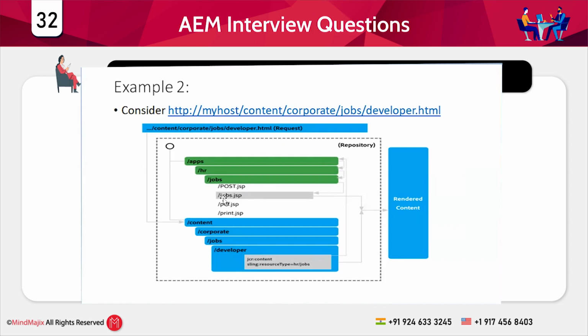And suppose you want it separately for pdf.jsp, then you have to mention in the URL developer.pdf.html, and it will go and find the name.